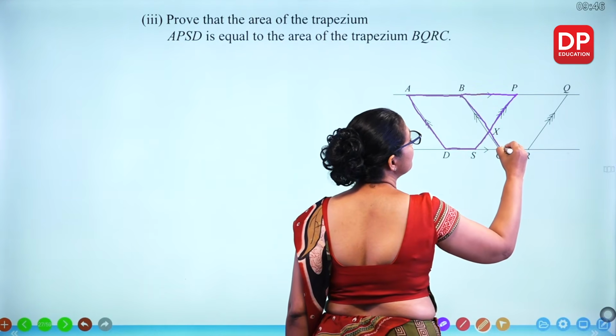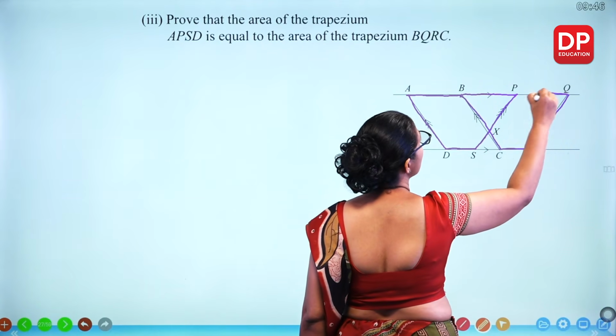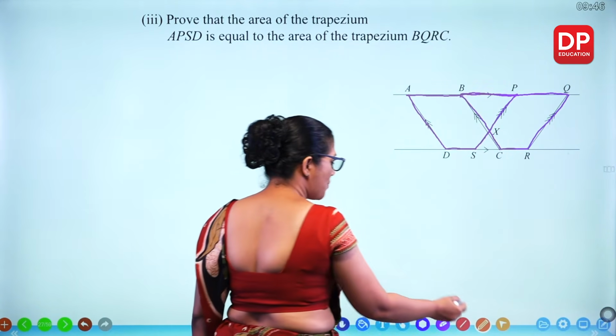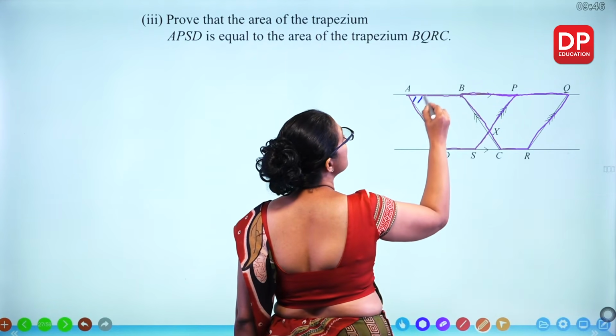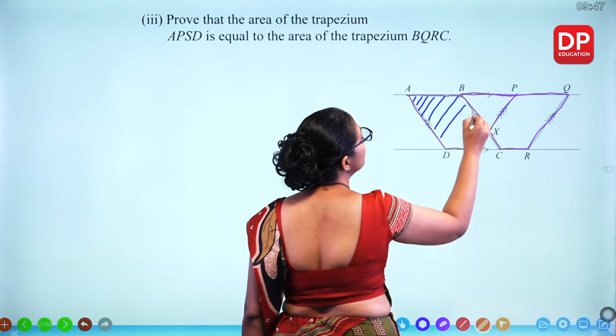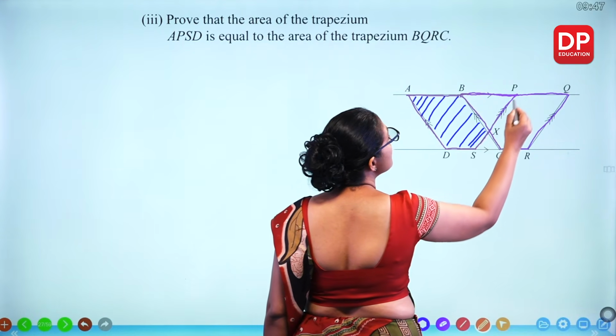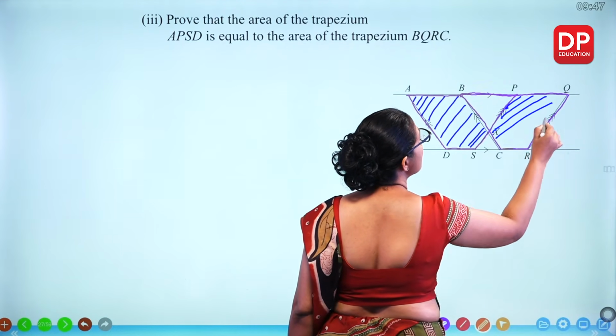This one. From the previous part, we found that this area is equal to this area.